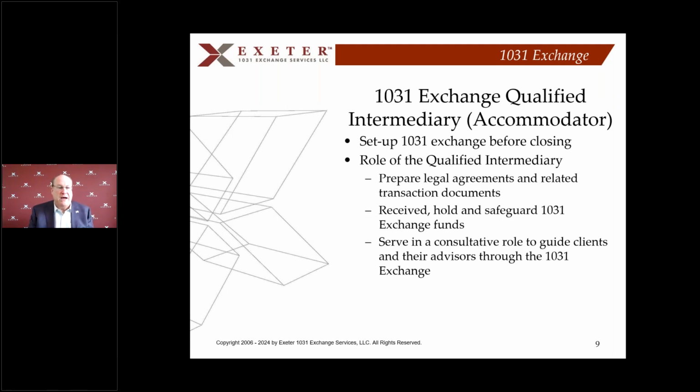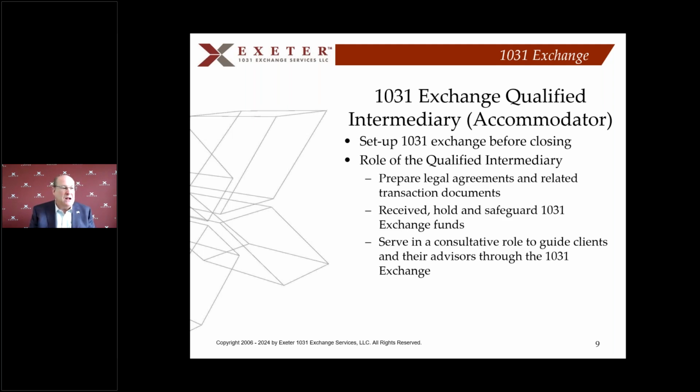There's no way to go back and fix that, unfortunately. So always have the 1031 exchange set up before closing. It means have your qualified intermediary selected, have them get in touch with your closing agent, etc. Very important, and I'm stressing this because we get calls literally every week where they say, I closed last week or last month or what have you, or I just found out about a 1031 exchange, but unfortunately it's too late at that point.